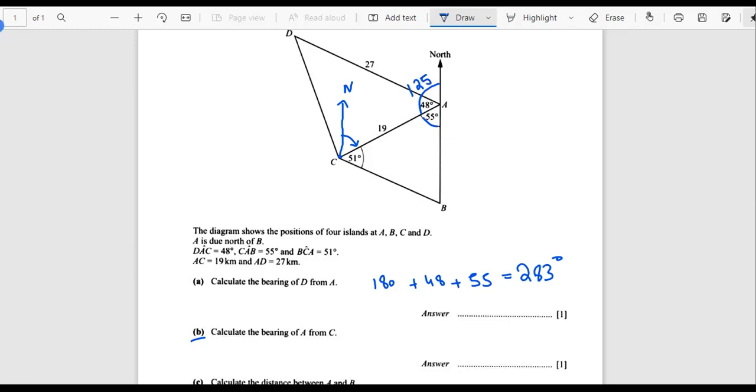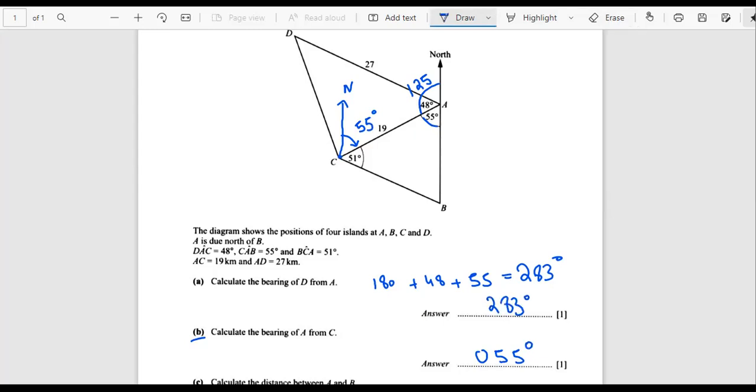Okay. And then sum of internal angles between two parallel lines is also 180. So 180 minus 125 is going to give me 55 degrees. So the answer is going to be 55 degrees, and the answer to part A is going to be 283 degrees.